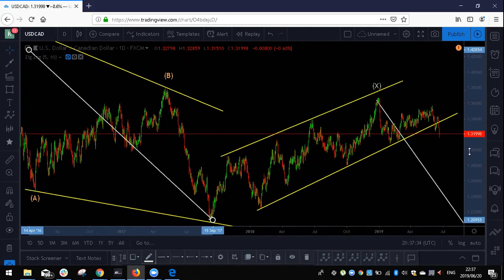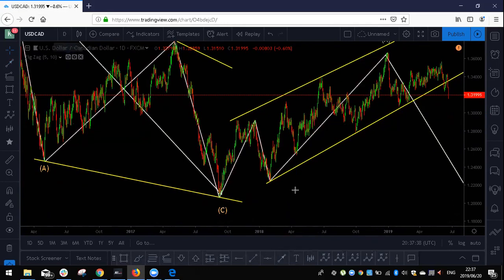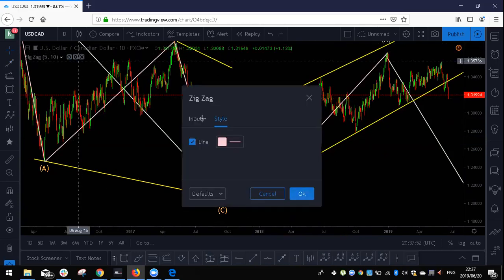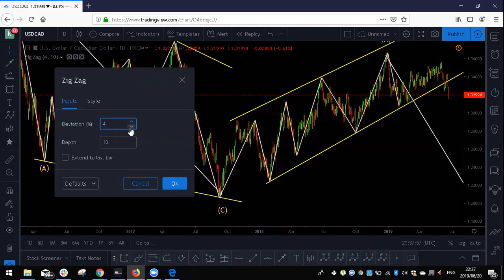Let me put back the zigzag. Since we're counting the inner move, you see our zigzag is ignoring all this. So we can change the period of the indicators, because you need to adjust them a bit.